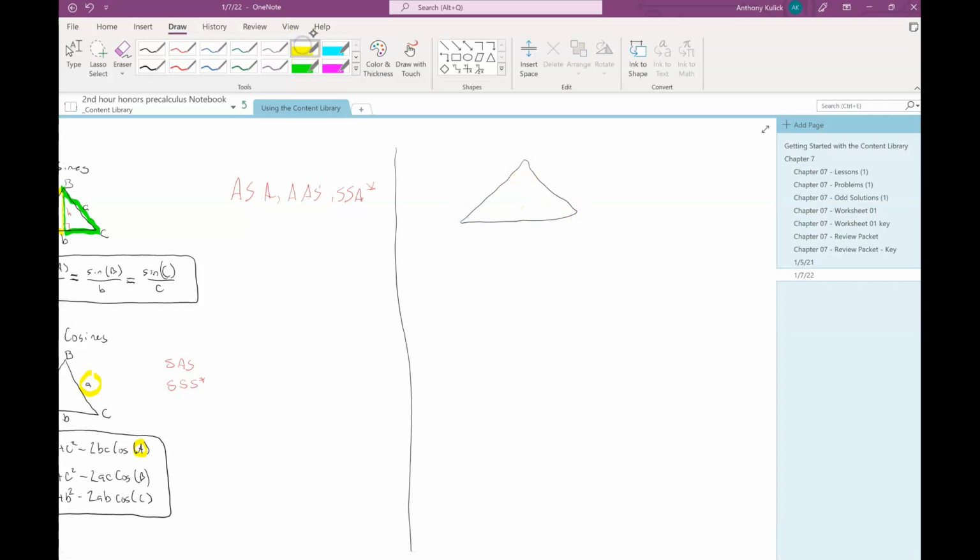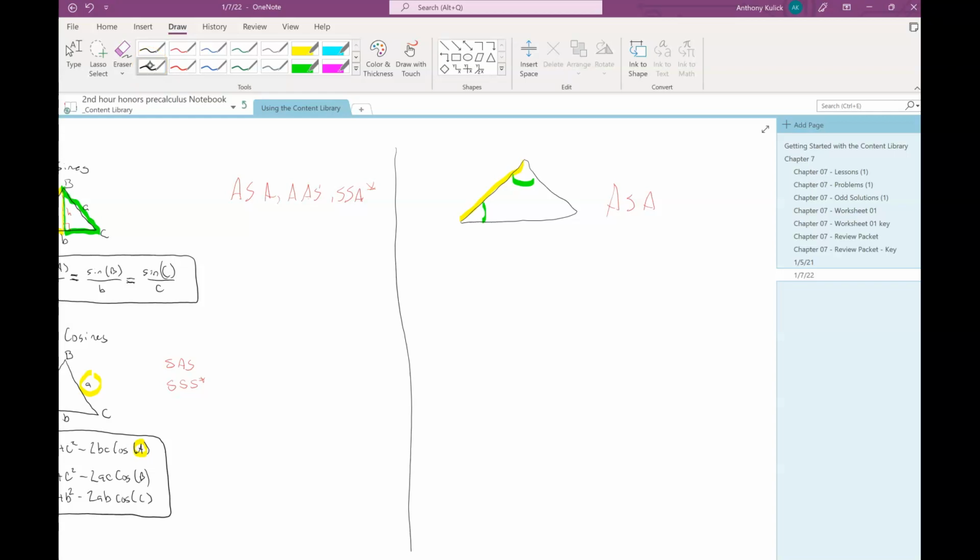So let's say that this is our triangle where the highlighted are the givens. So we have two given angles and a given side. Is this angle angle side or angle side angle? Angle side angle. Very good. The way we can tell is that the given side is a part of both angles.